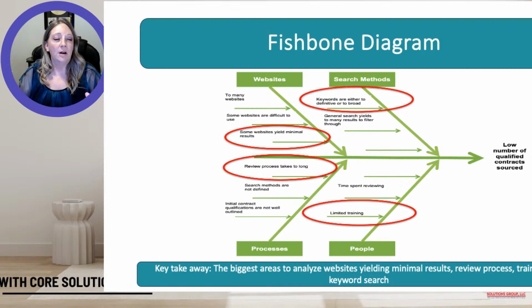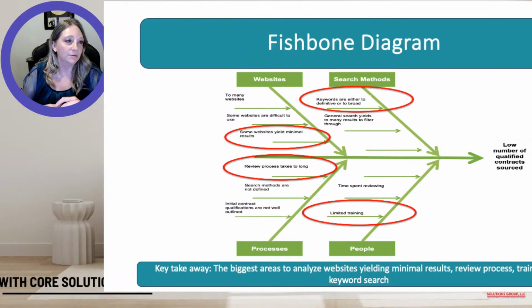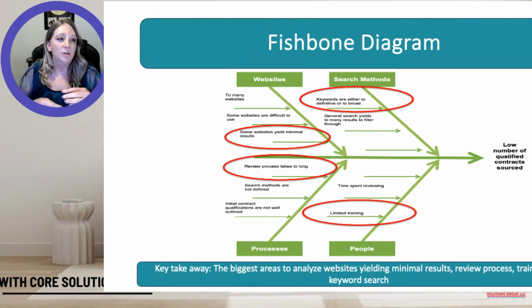What you're seeing on this is, in each of those categories, the different causes that could be happening to warrant your number one question, what's the reason that you're having issues. As you can see, with the websites, maybe there are too many, some are difficult to use, and it just drills down.